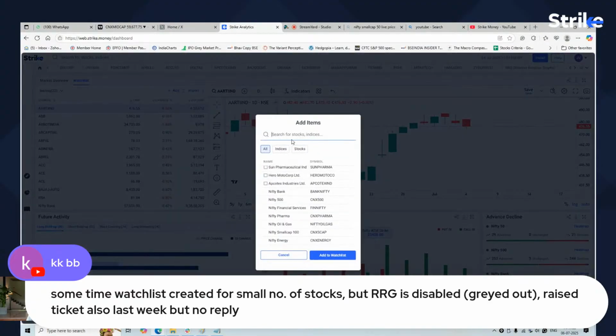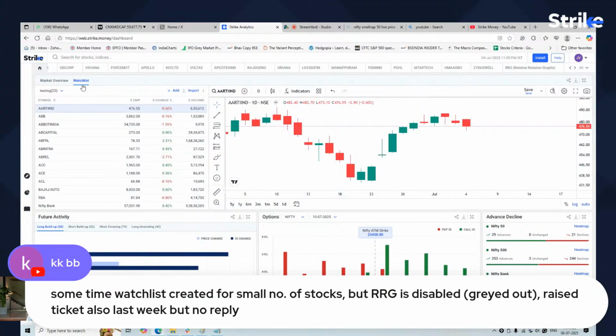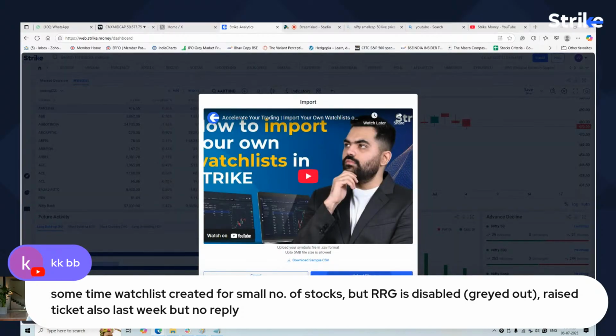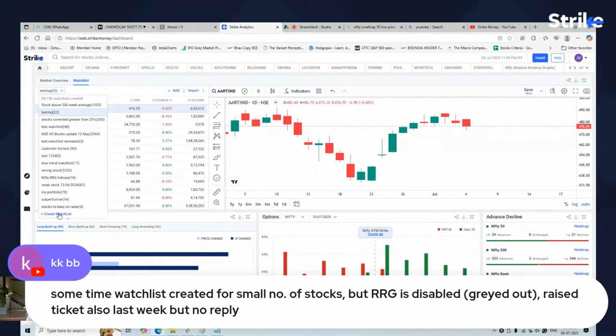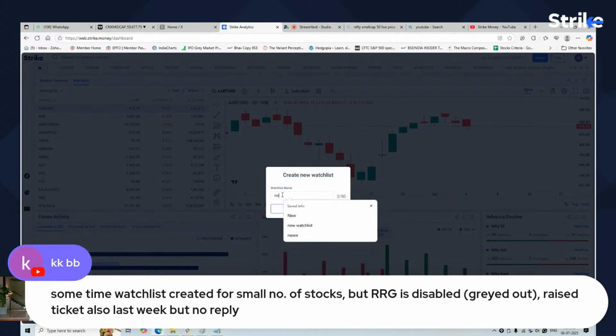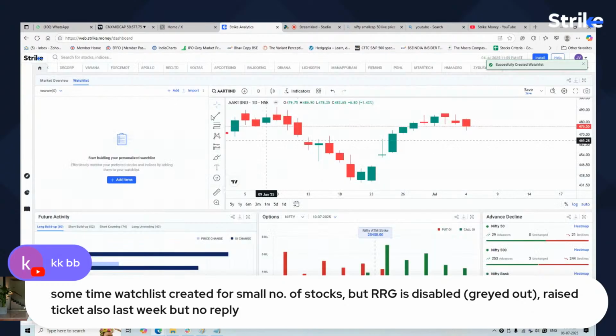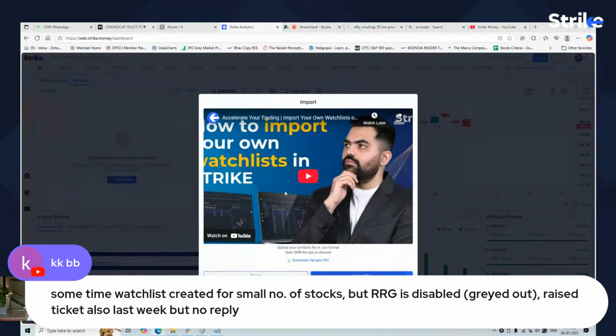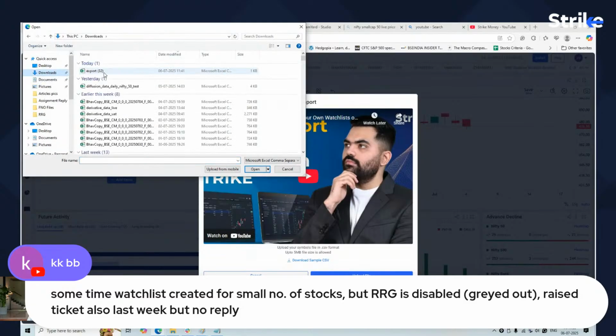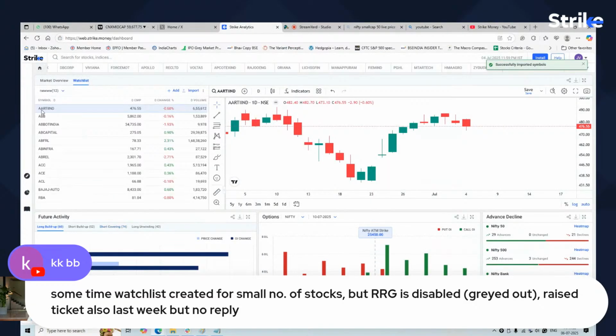For example, now I am creating a new watch list over here. Import file, download CSV, export, and you will be able to see the stock. We would want basically the symbols of those stocks so that this watch list gets created.